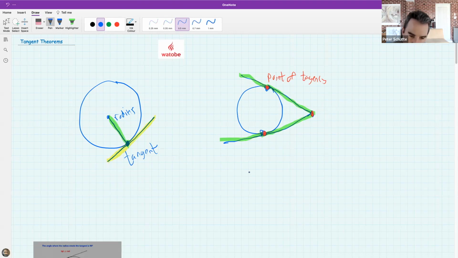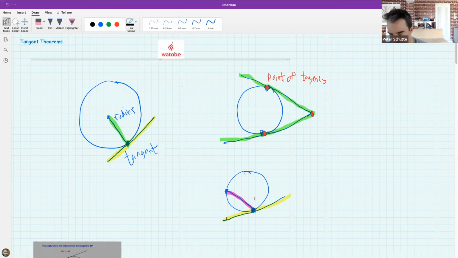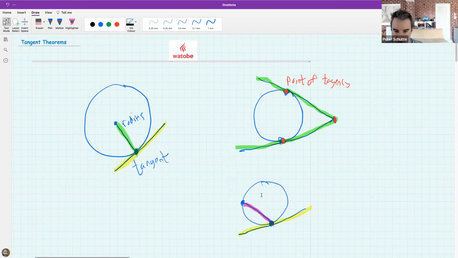And then one more little picture that I want to outline for you is, we said earlier on that this was a tangent. But what if I draw a line from here to here? What is this pink line called? I'd love it if somebody could put that in the chat or raise their hand and tell me what the pink line is.